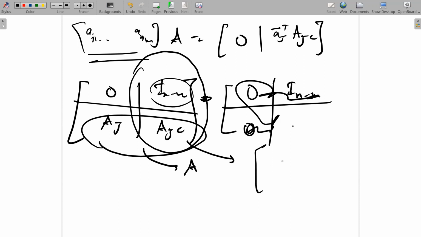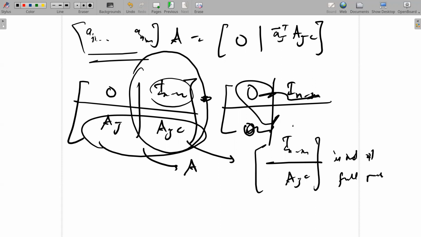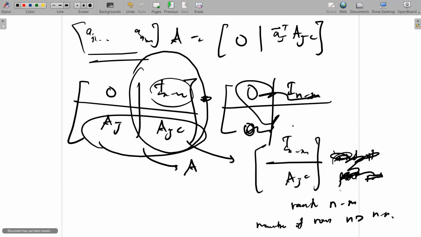Let me not say something ambiguous: it has rank n minus m, but the number of rows is n, which is strictly bigger than n minus m. So these rows must be linearly dependent.